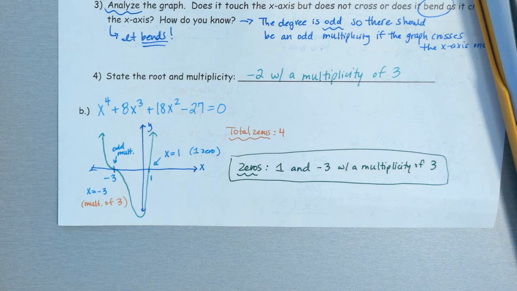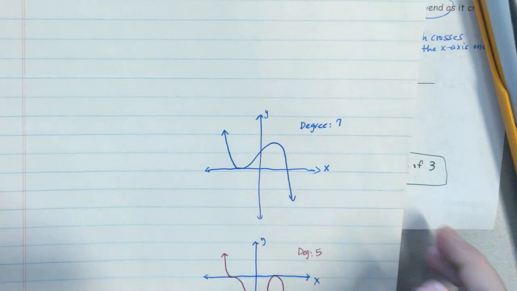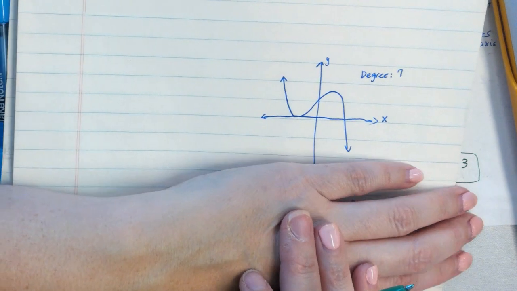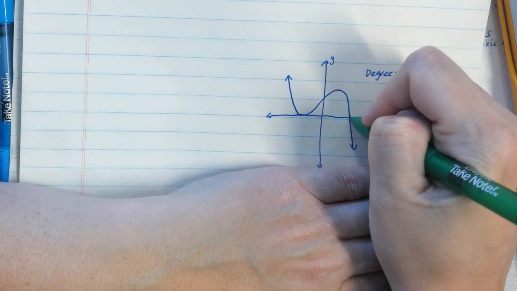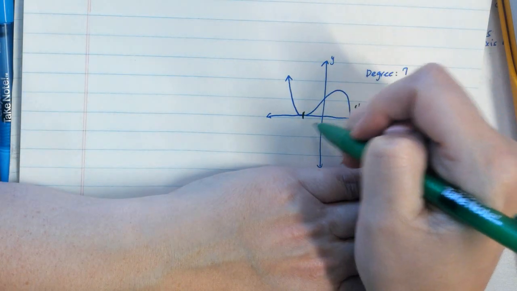So I'm going to give you a picture, I'm going to give you a degree, and then we're going to try to figure out what the multiplicities are, okay? All right, we're going to start with this one. Okay, so the degree is 7. Okay, we'll say this is at 4, we'll say this is at -2.